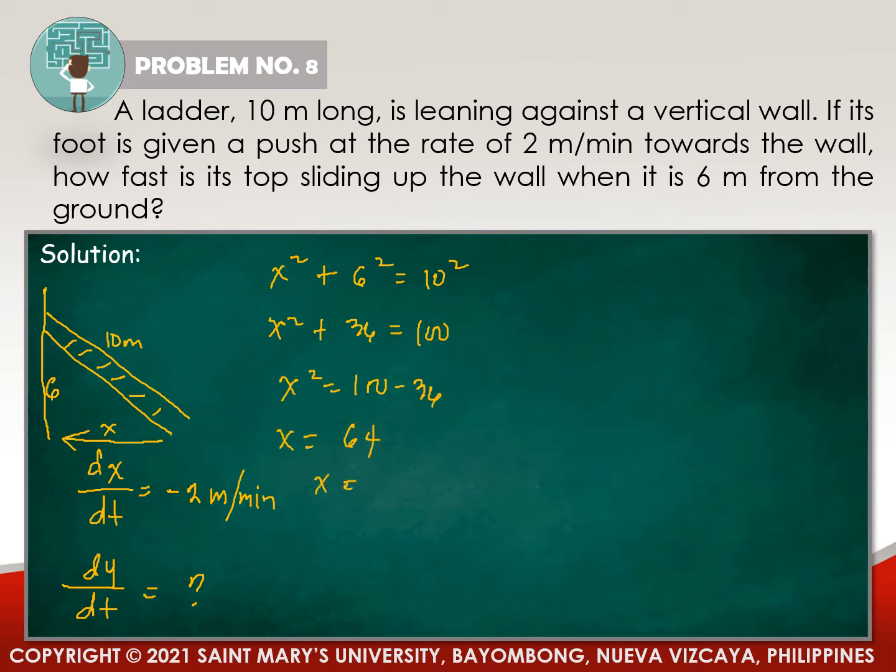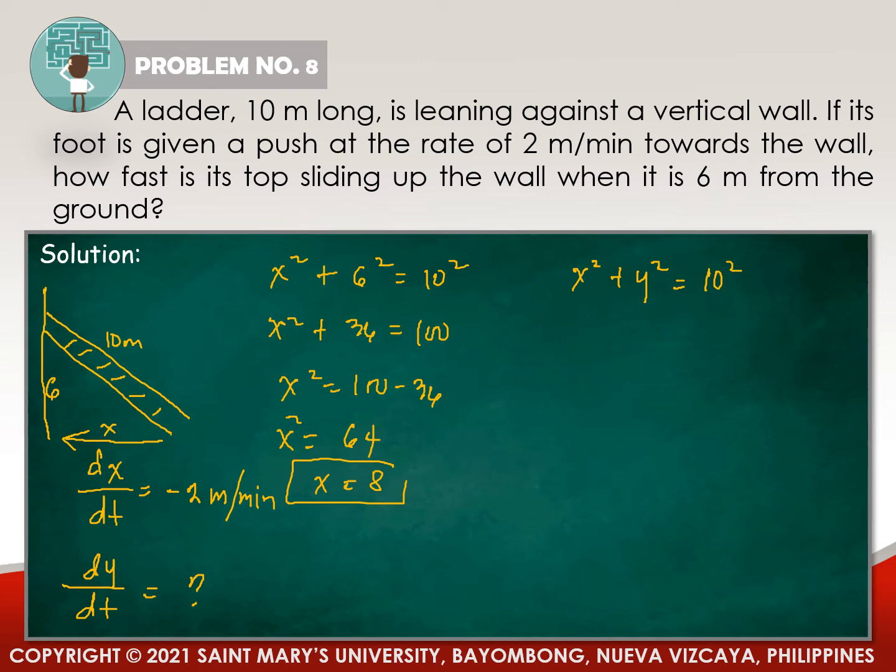So x equals square root of 64, which is 8. Yan. So, balik lang tayo dun sa ating equation: x squared plus y squared equals, kumbaga yung hypotenuse natin, pwede man natin gamitin yung 10 squared.